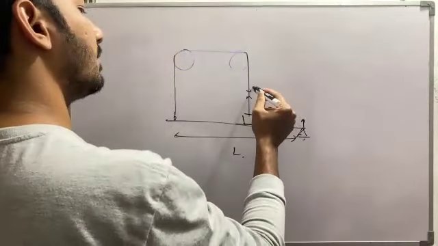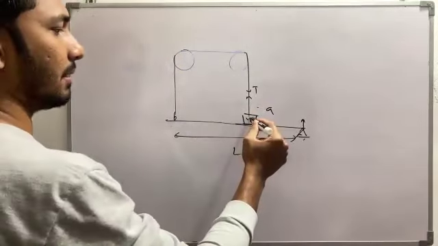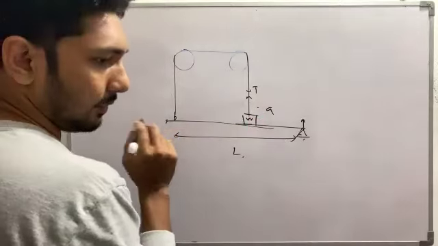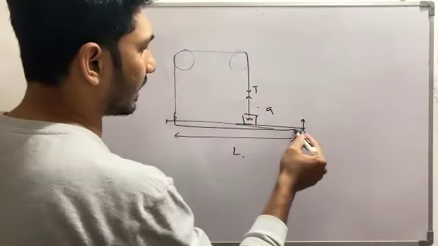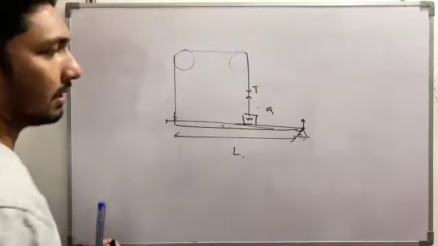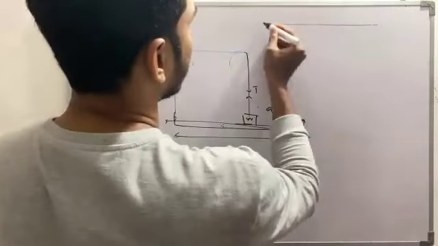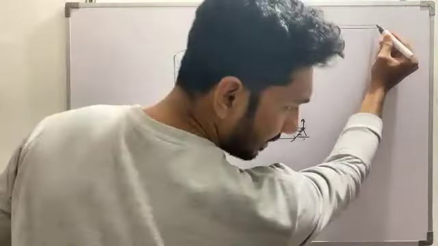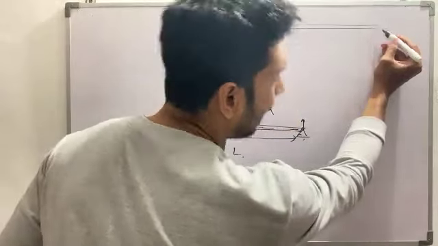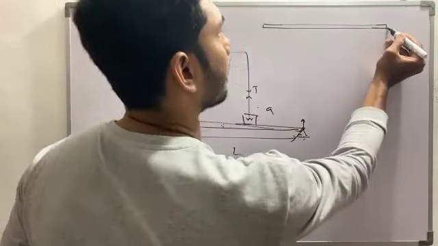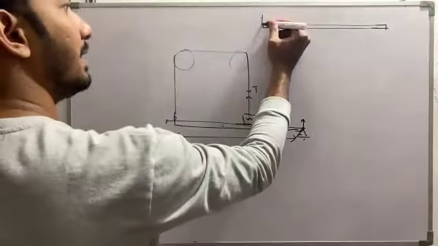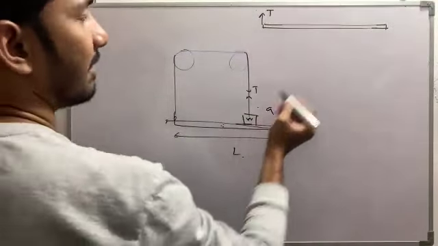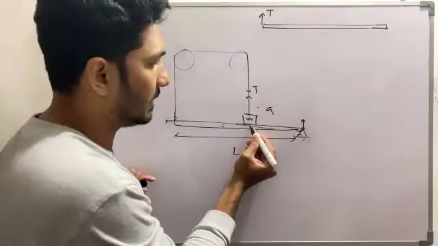We have no idea about the tension, and this is W. If you are to draw the forces acting on this bar, there will be this T, and there will be the action force due to this W.